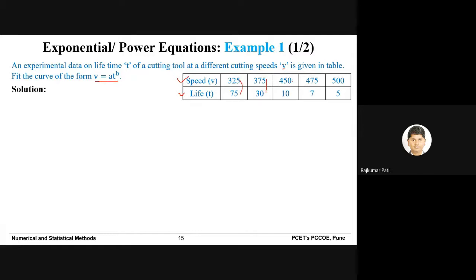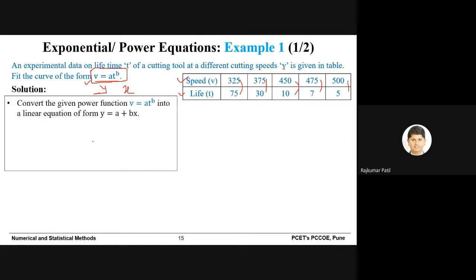So 5 data points are there, and you need to fit this curve v is equal to a t raised to b. As I mentioned, you can either go with this equation where v and t are variables, or you can replace v by y and t by x. That is up to you how you can proceed.